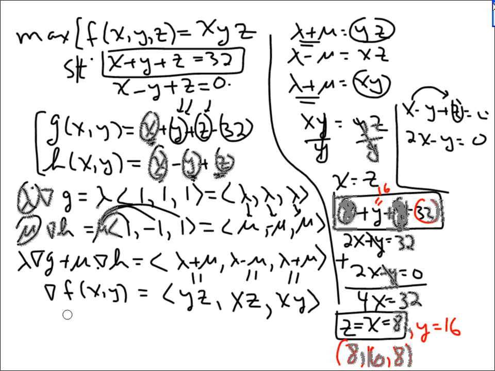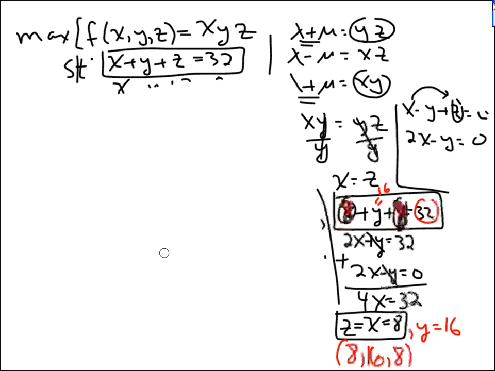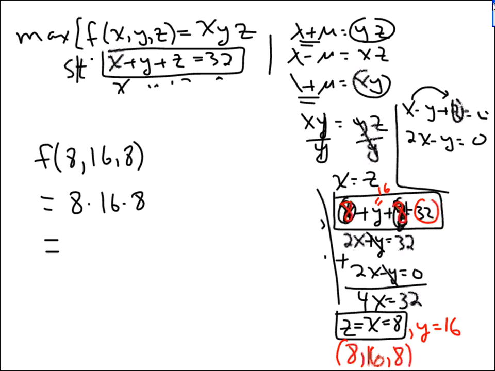If you wanted to know that max value, you just find f of 8, 16, 8, which is x times y times z, and 64 times 16 is 1024.